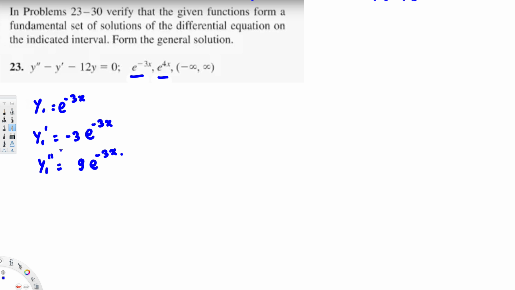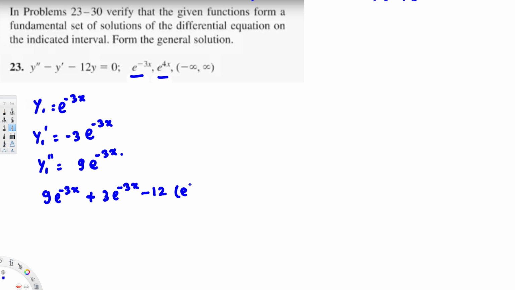Let's plug in the values. First is y double prime, that is 9 e power minus 3x, minus y1 prime, which is minus negative 3 e power minus 3x, so that makes it plus 3 e power minus 3x, minus 12 times y, and y is e power minus 3x.